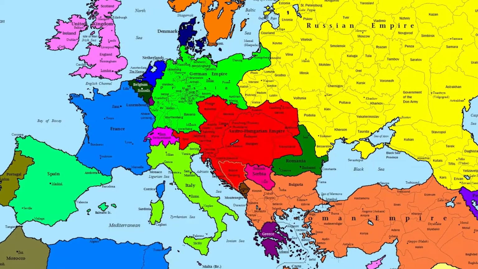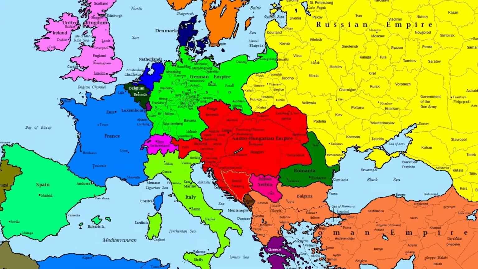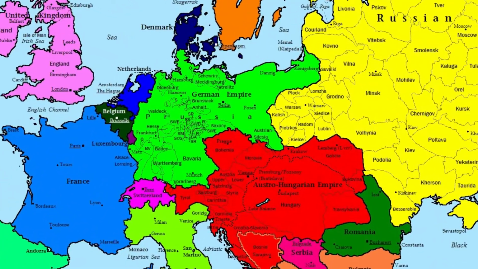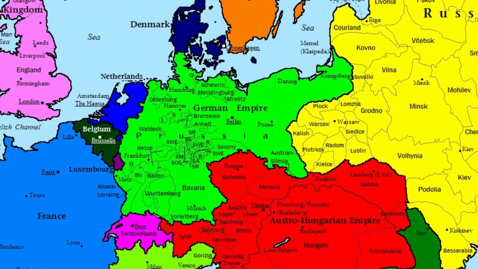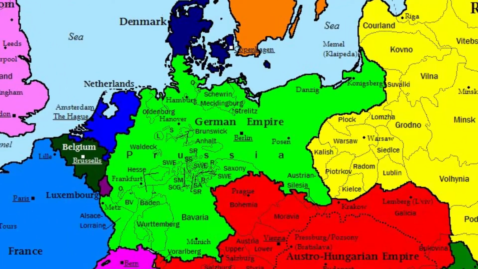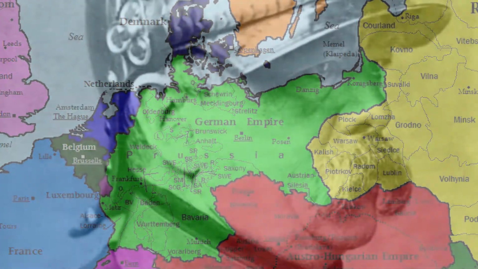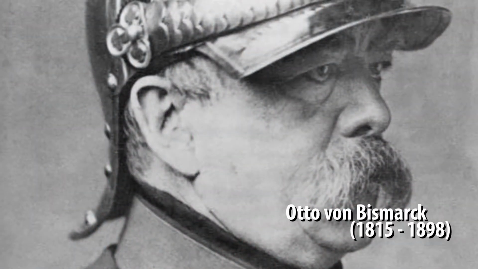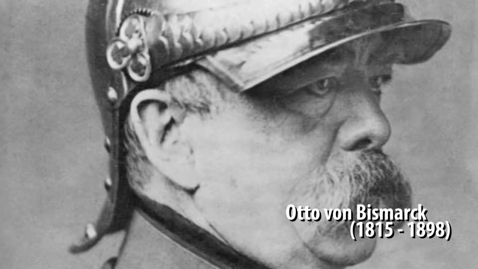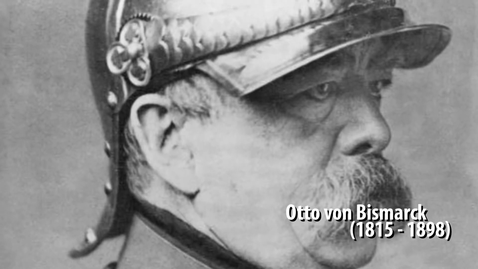So in the mid to late 19th century, Prussia would move to incorporate or to conquer other German-speaking states to create something that would become known as Germany. Over the course of about a decade, Prussia and Otto von Bismarck would take charge of uniting Germany into a single nation state, or in this case, empire.